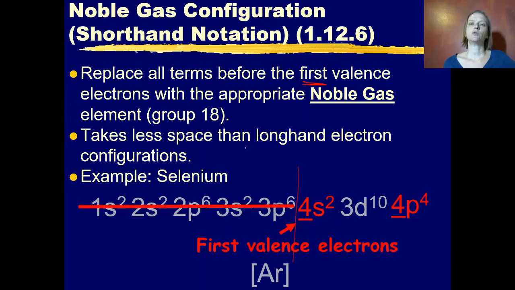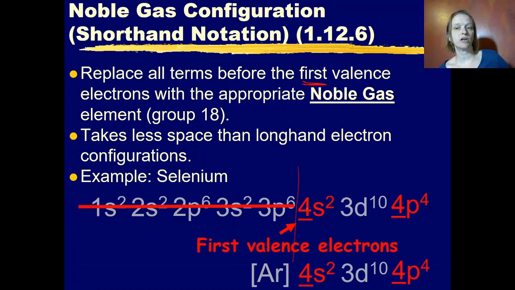So what I want to do is not have to write any of these starting terms in my electron configuration. So I'm going to replace them with the correct noble gas that ends 3p6. That noble gas is argon. So I write the element symbol for argon in square brackets, and then I write the rest of the electron configuration.